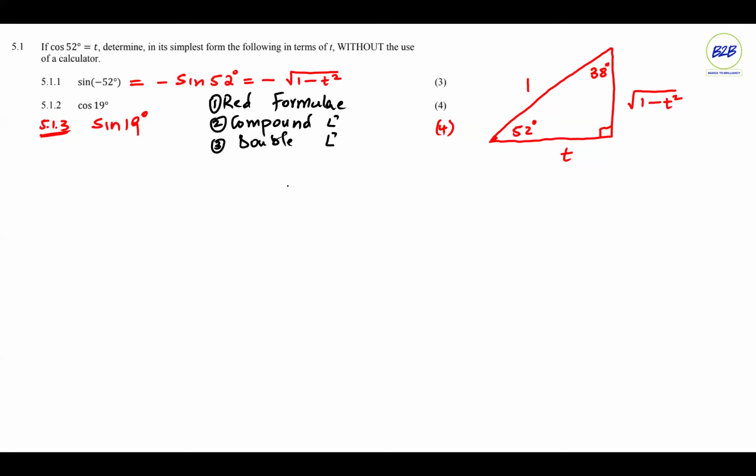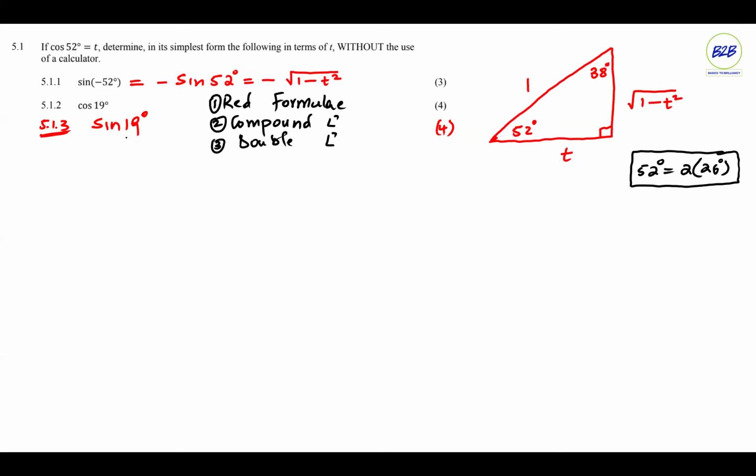Previously, we worked on, was it 52 degrees? Yeah, I think it was 52 degrees. And we said that 52 was 2 times 26 degrees in the previous exercise. And that was a double angle. It was a forward double angle method.